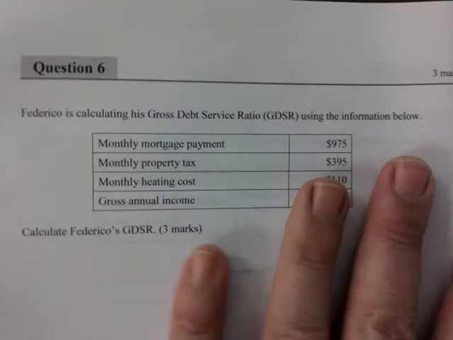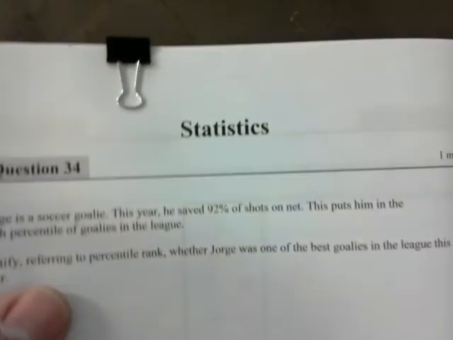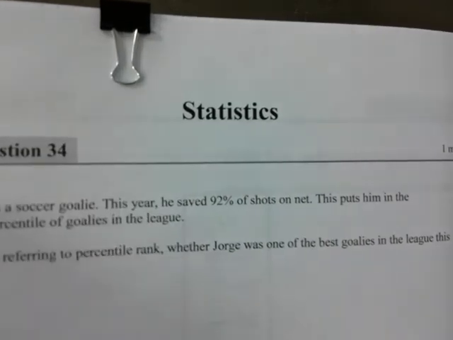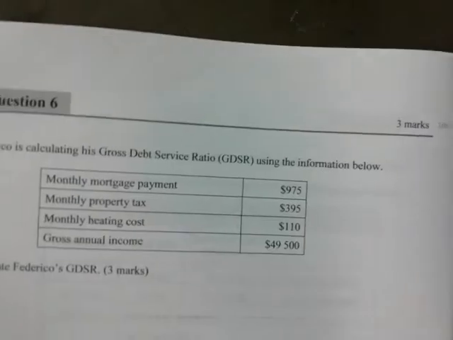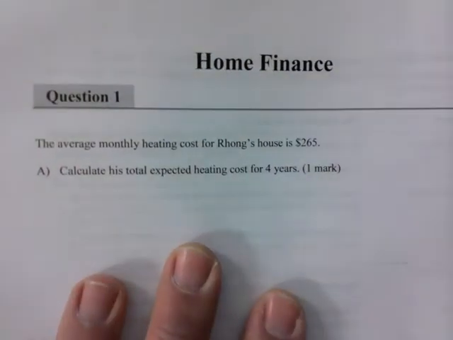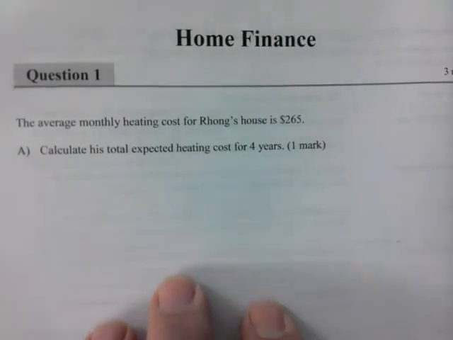There are 6 questions on home finance. Then you skip towards the end to get the statistics, page 35. So for now let's just start with home finance. I'll let you work on your own a little bit, and then I will take over and do a bunch of questions with you.